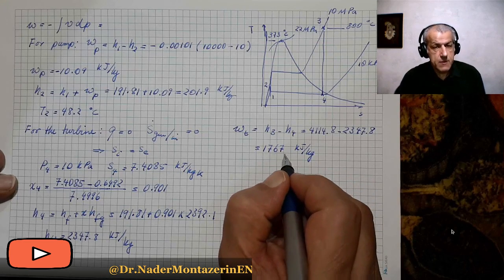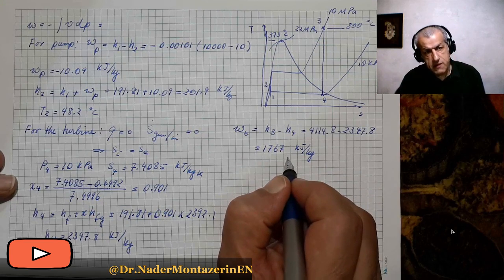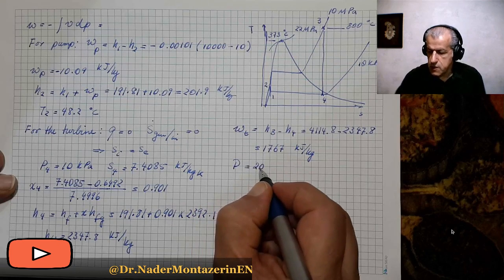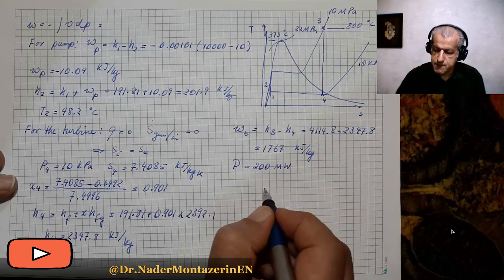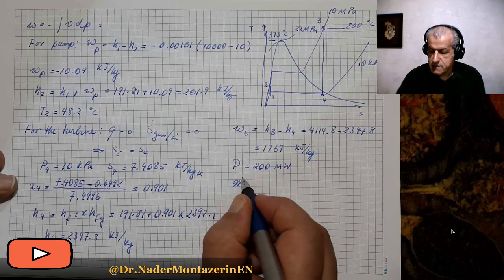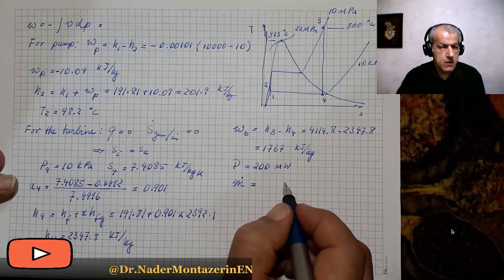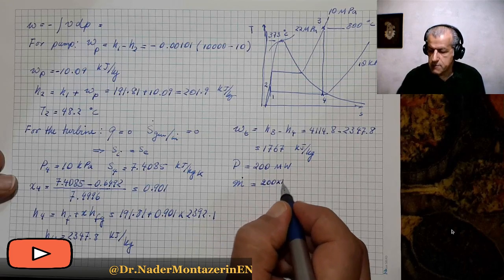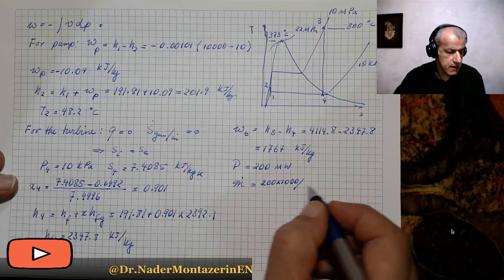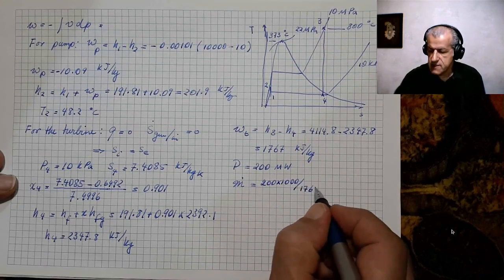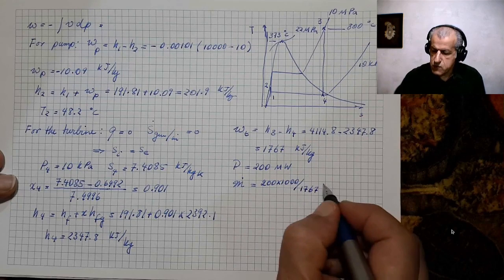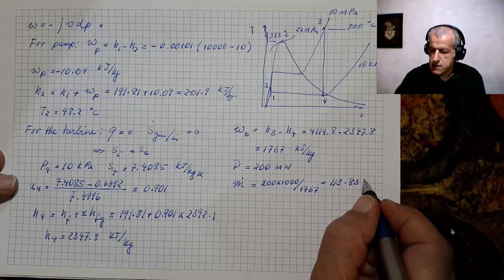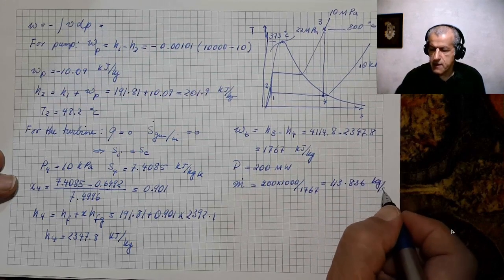And if this is supposed to be a 200 megawatt power plant, if P is supposed to be 200 megawatts, then the mass flow of water required for this power plant is 200 times 1000 divided by 1767, and that would be 113.836 kilogram per second.